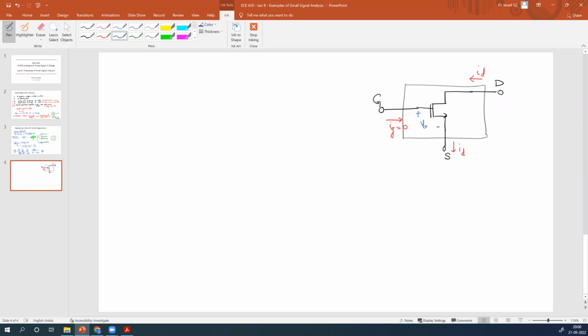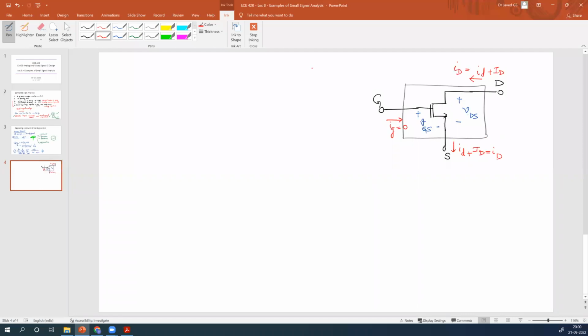This is VGS, DC plus AC. This is VDS, DC plus AC. Here you will have the currents, both DC plus AC. I am writing this explicitly so that it will be useful for us when you have to identify.